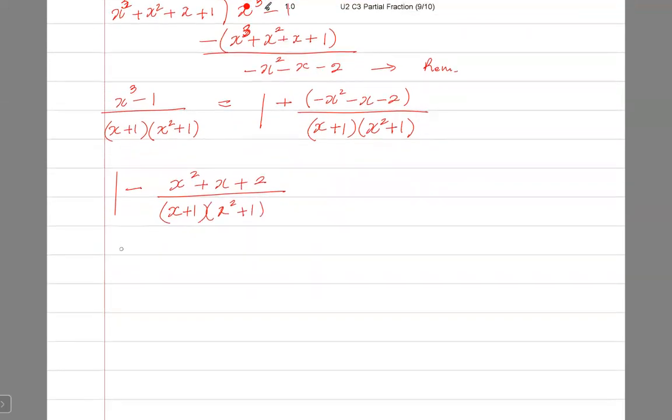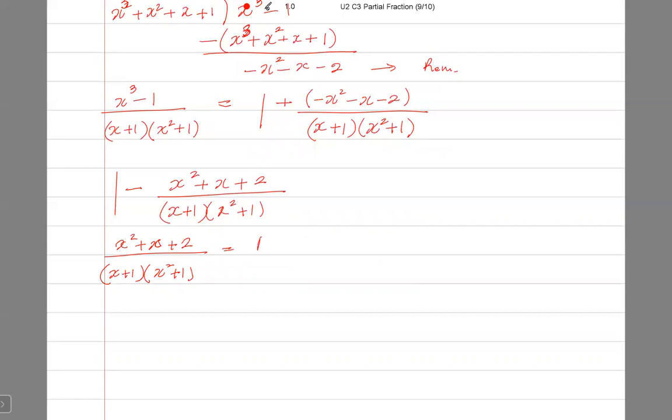Now it is x squared plus x plus 2 over x plus 1 into x squared plus 1 that I'm going to now separate into partial fractions.